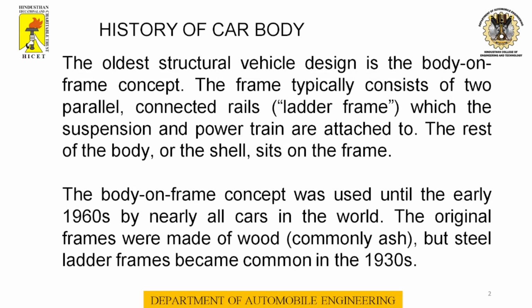The body on the frame concept was used until the early 1960s by nearly all cars in the world. The original frames were made of wood, commonly ash, but ladder frames became common from the 1930s onwards.